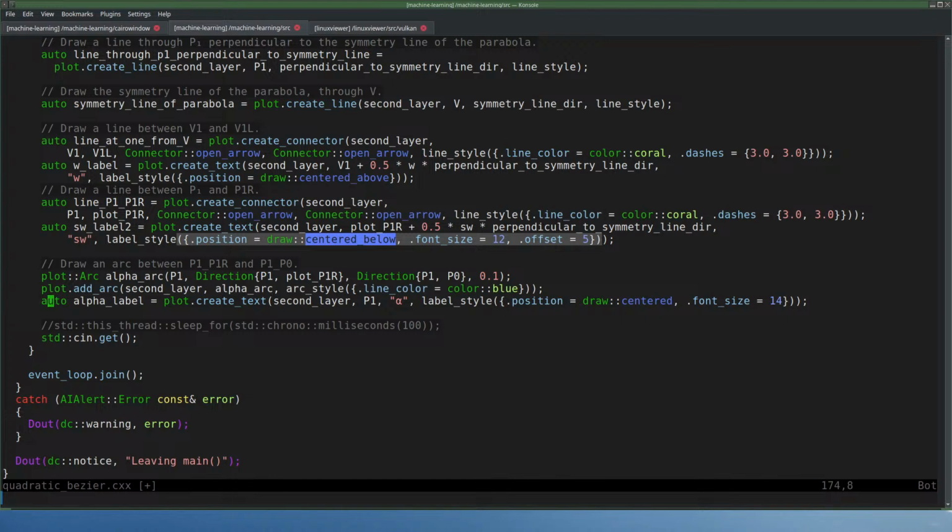And then we need this to be plus 0.1 times, and then a direction in between these two directions.